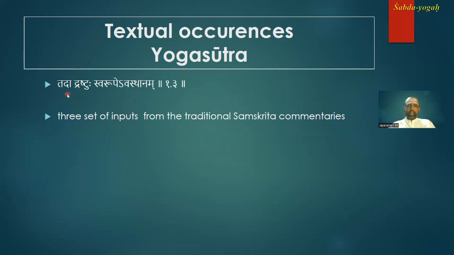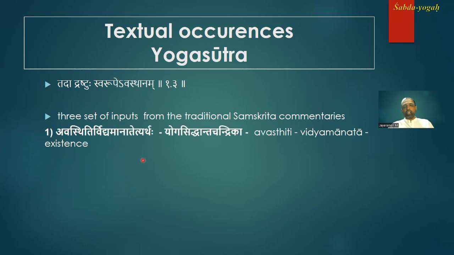Tada means then, refers to when there is the state of chitta vritti nirodha, drashtuhu of the seer or the consciousness, swarupe in its own form, avasthanam, existence. So that is the sutra in which we see the word avasthanam being found.